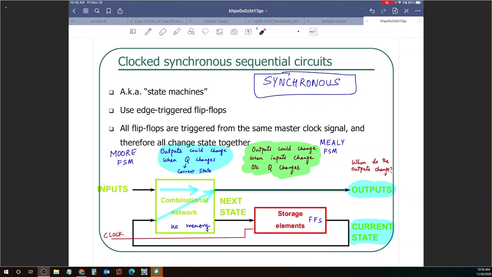When can Q change? The current state changes only when there is an active edge on the clock. So for a Moore finite state machine, the outputs can change only with respect to the clock, which means this is going to be a synchronous finite state machine.